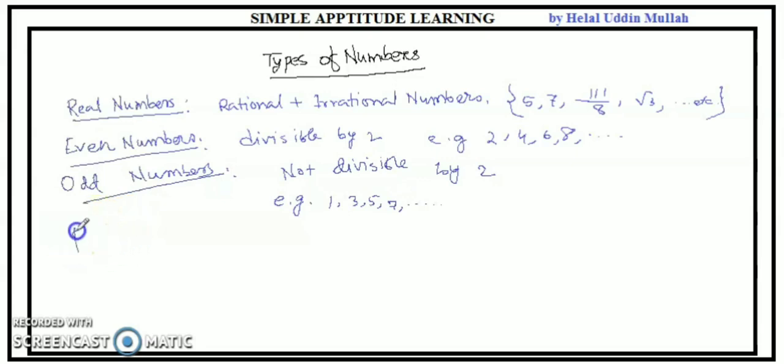Prime numbers. Prime numbers are those numbers which have only two factors. A factor means a number by which the number can be divided.